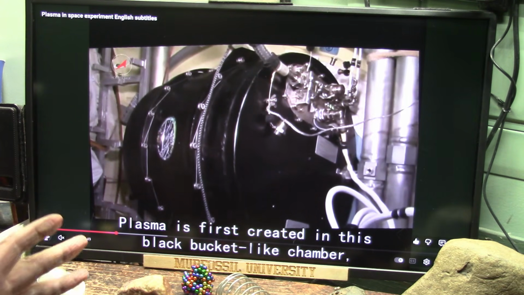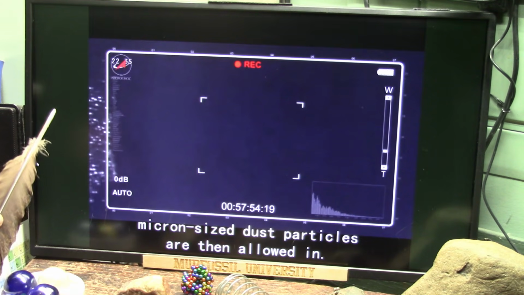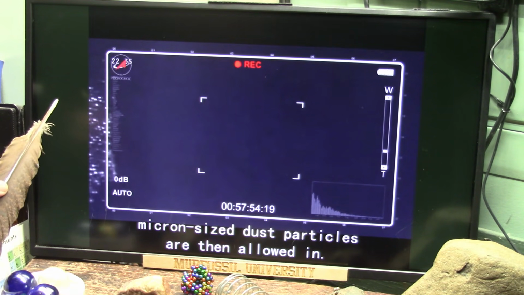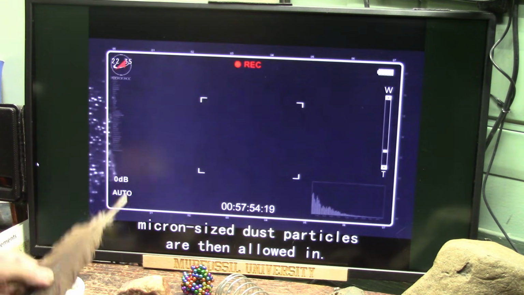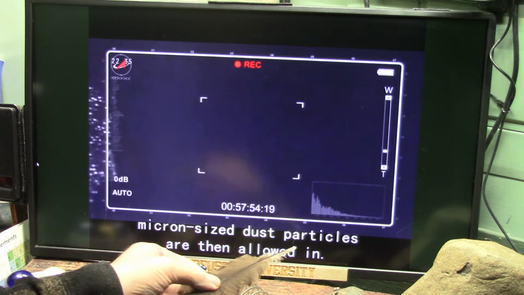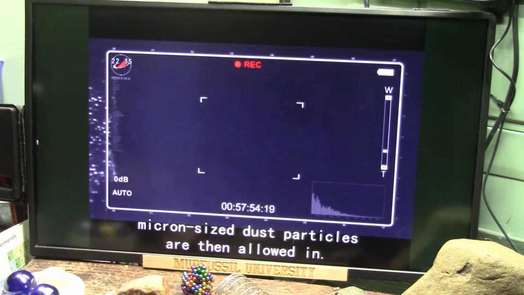Plasma just means charged particles. The way I'm understanding this, the plasma they created was basically like electricity in this black bucket. Now, these micron-sized dust particles are then allowed in, and here they come. They're coming in.